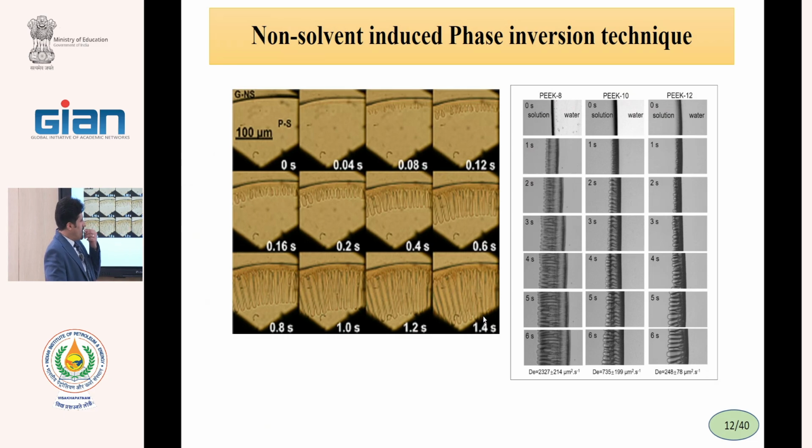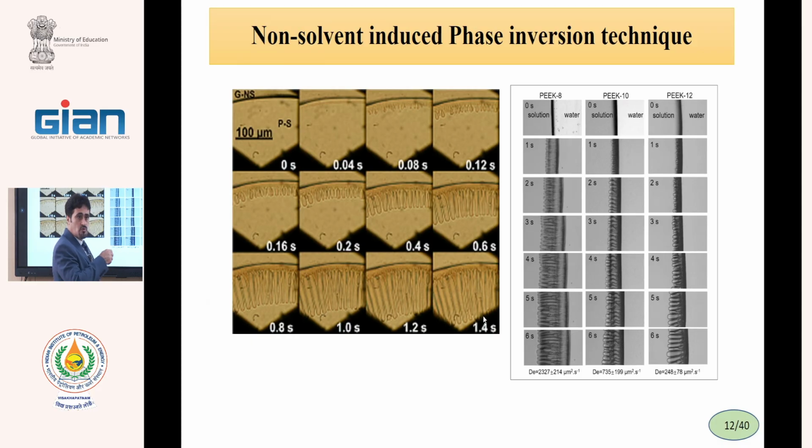These images are taken during the phase inversion with the microscope and camera, okay? You see the time. I said that the phase inversion is a very rapid phase. You see that during 2 seconds, the pores will be produced. In this area, you see this boundary. This is a polymer solution.